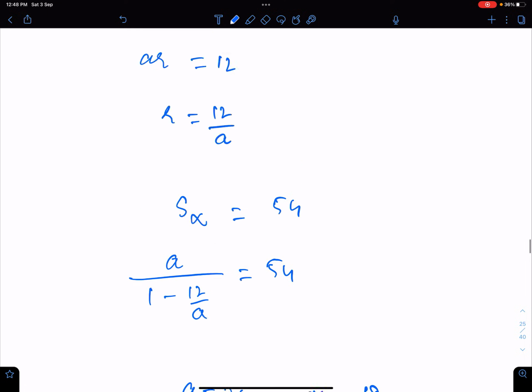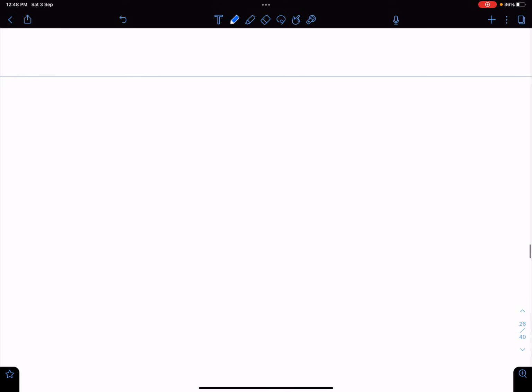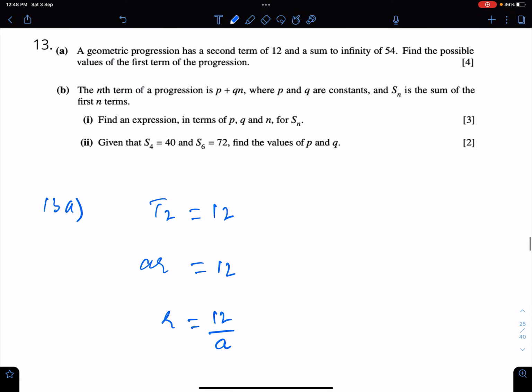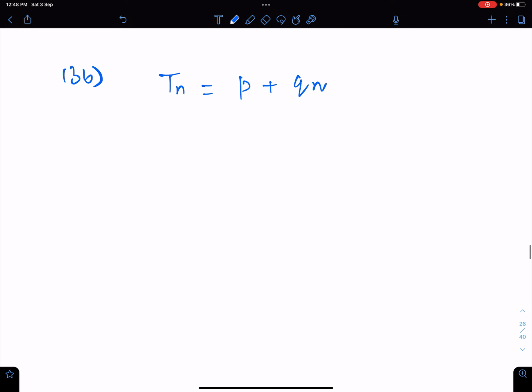So this is part B, 13 part B, given Tn is P plus Qn. Let me check this. Yes. So we need A and D. For A we need T1, P plus Q. This is A. And T2, P plus 2Q.